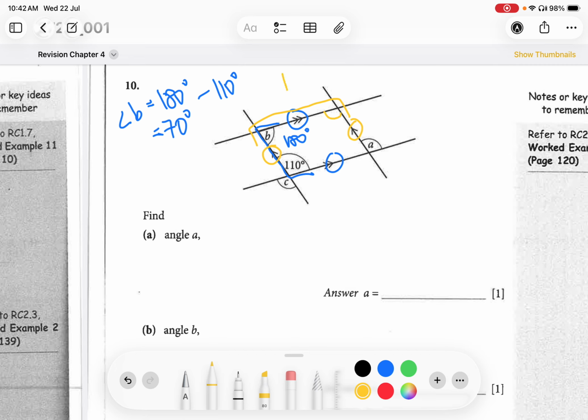Since I found B is 70, this angle is 180 minus 70, which is 110. Then there's also a U here, since these two lines are also parallel, so this will be 70. So this angle A is 180 minus 70, 110.